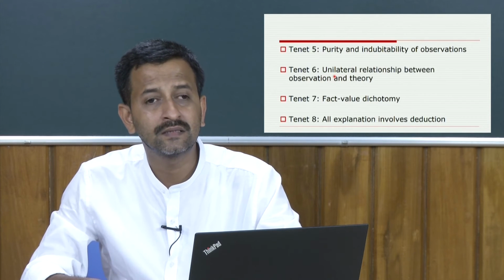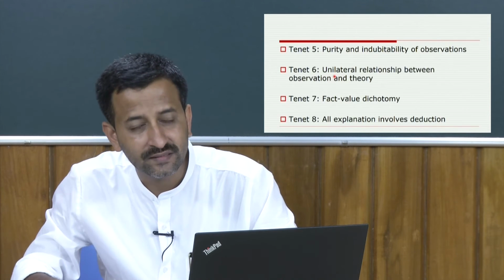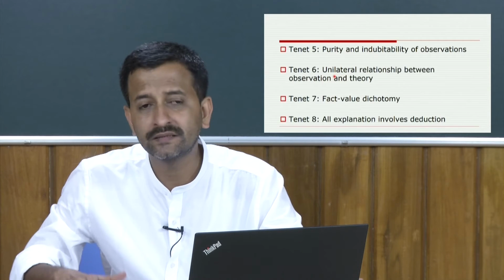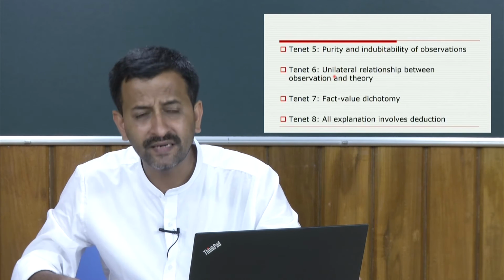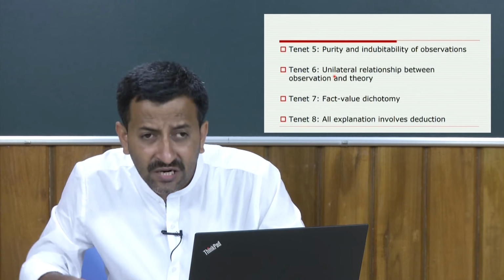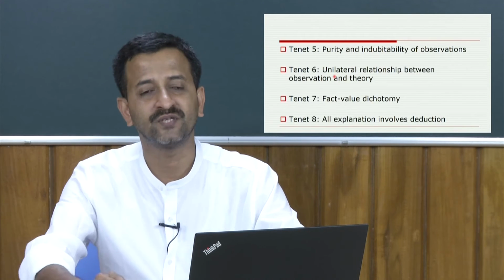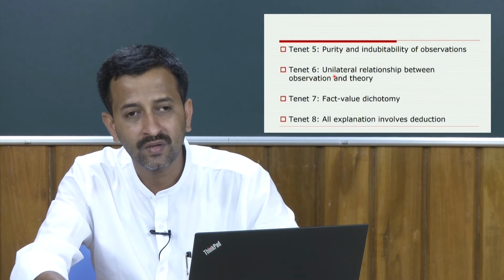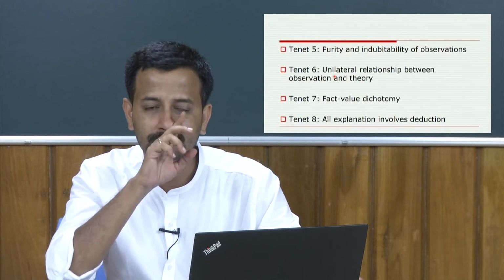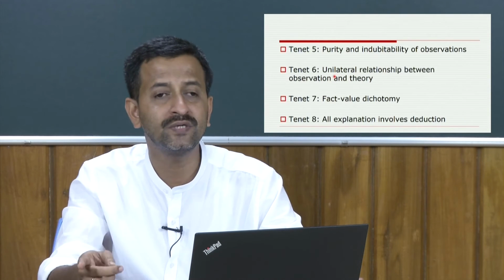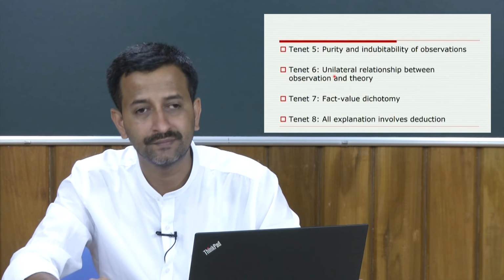Observation leads to theory formulation, whereas theory does not lead to observations. Rather, theories are very much contingent upon the way we make observations. That is why there is a unilateral relationship between observation and theory. Observation leads to theory, but the converse is not true.